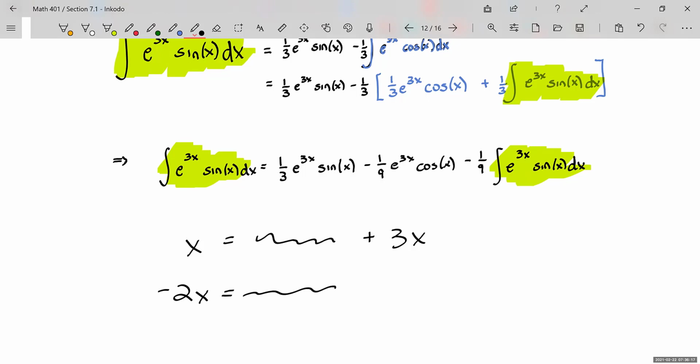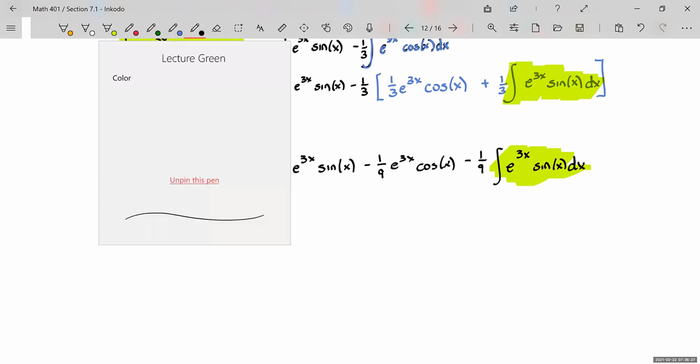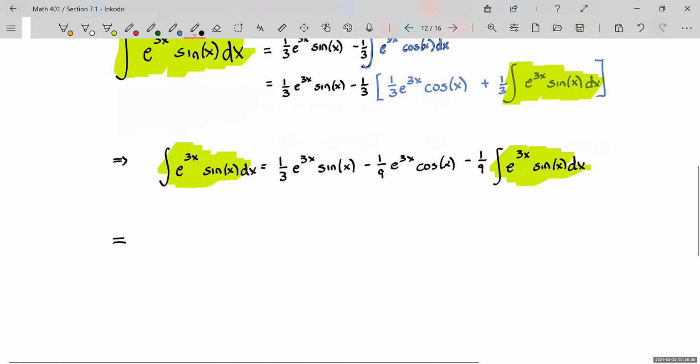We're going to add 1/9 of that integral to both sides. Let me go ahead and erase all this stuff. So I'll add 1/9 of that integral to both sides to get 9/9 plus 1/9 is 10/9 of those integrals.